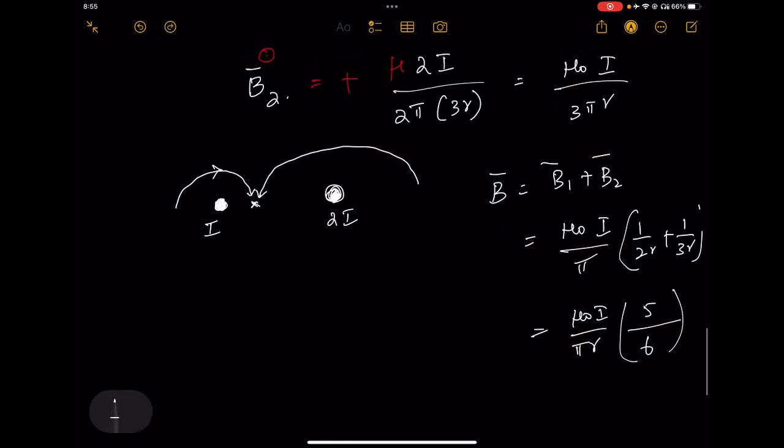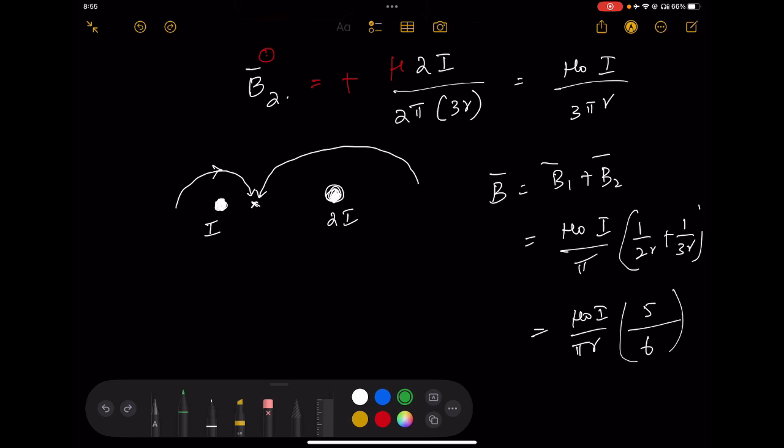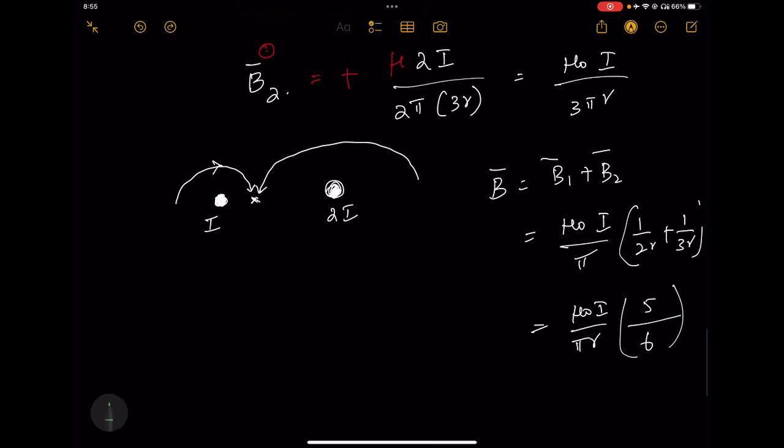Look at this diagram. Here, I have taken 2 current carrying conductors in the cross section. One is going inside the screen, the other is coming outside. This is coming outside the screen, and this is going inside the screen. So, what will be the direction? If the current is going inside, the magnetic field will be in the clockwise direction.